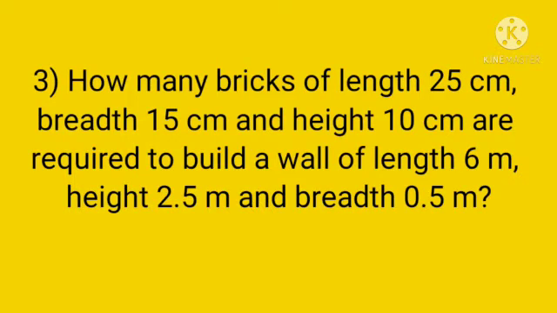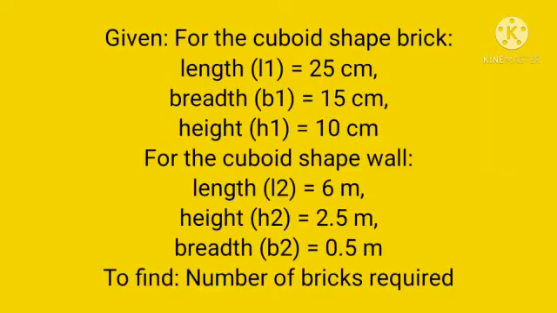Sum number 3. How many bricks of length 25 centimeter, breadth 15 centimeter and height 10 centimeter are required to build a wall of length 6 meter, height 2.5 meter and breadth 0.5 meters?